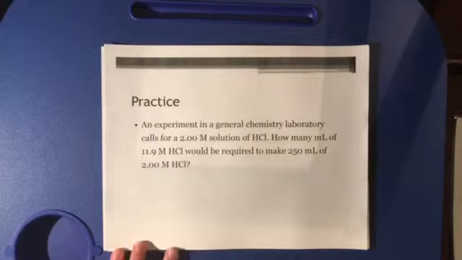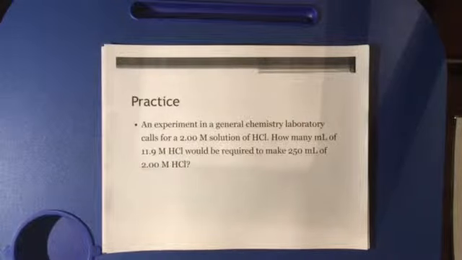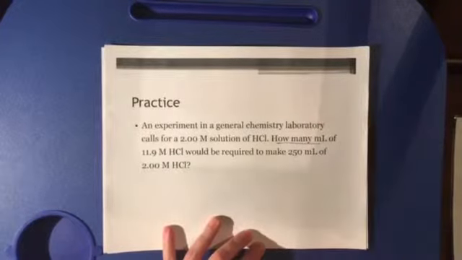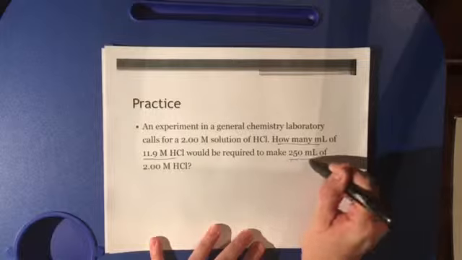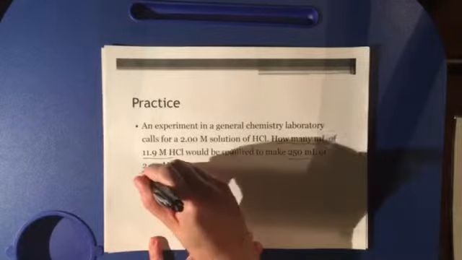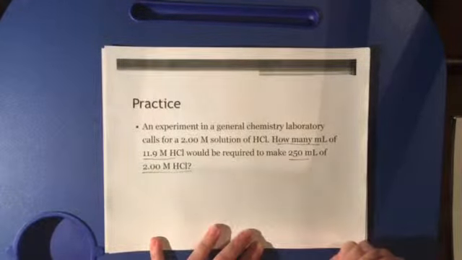And so here, an experiment in a general chemistry laboratory calls for a 2.00 molar solution of HCl. How many milliliters of 11.9 molar HCl would be required to make 250 milliliters of 2 molar HCl?